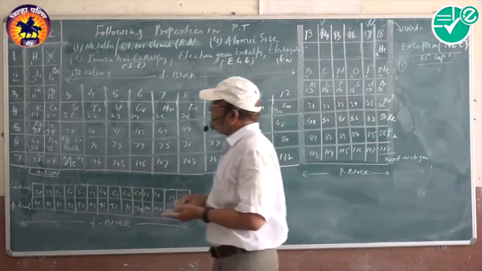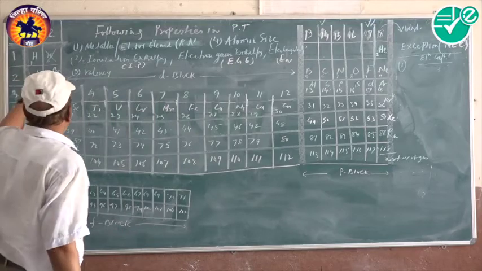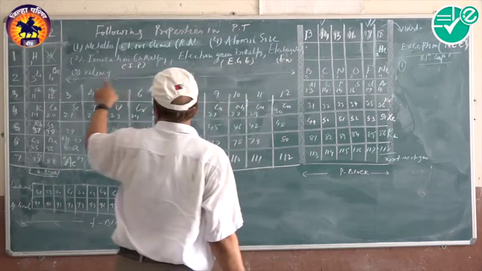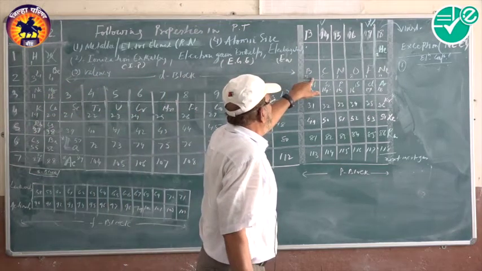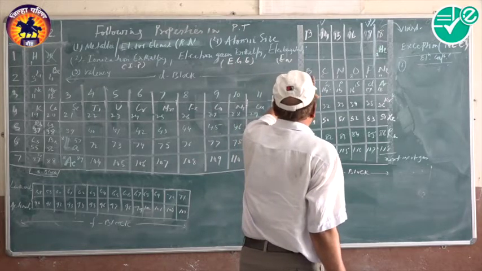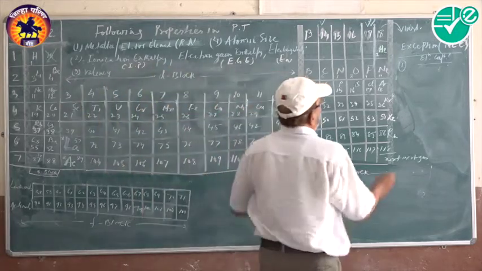See, beryllium and boron. Boron should be higher in ionization potential because from left to right it increases.